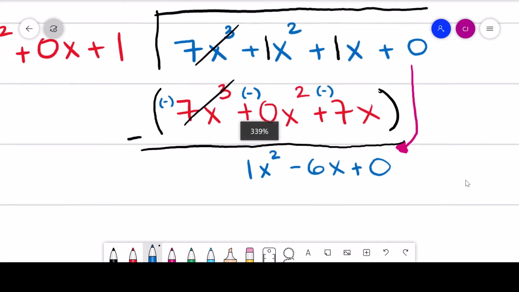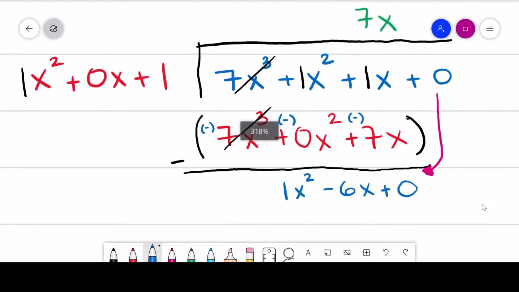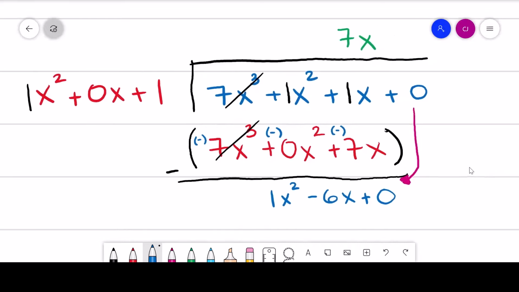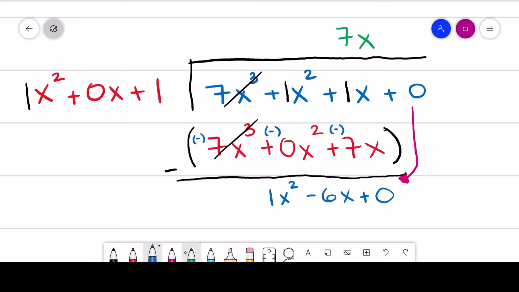After that, I'm going to go back to my divisor and ask myself, what do I need to multiply my divisor by to get 1x squared? Well, you'll notice that it's already 1x squared. So really all you have to do is multiply by positive 1, because anything multiplied by 1 is itself.